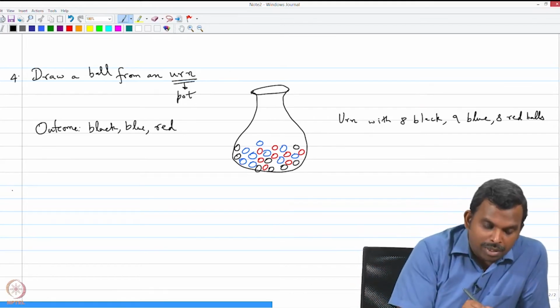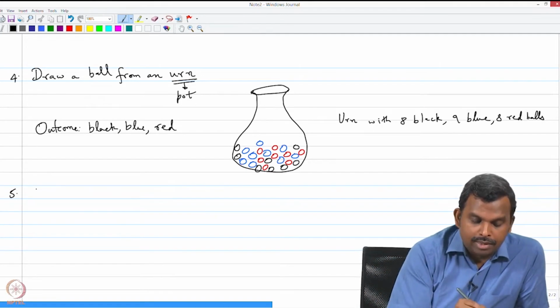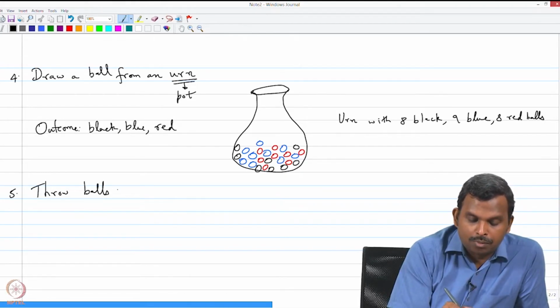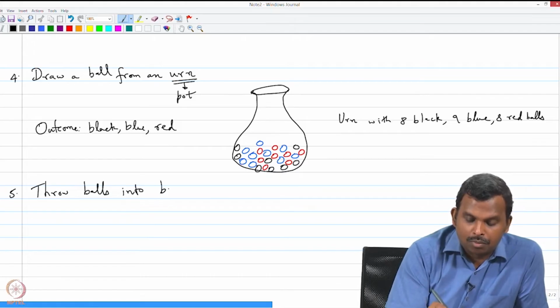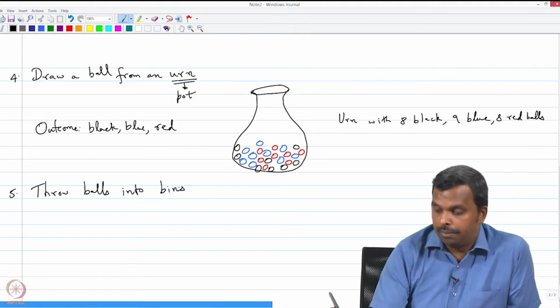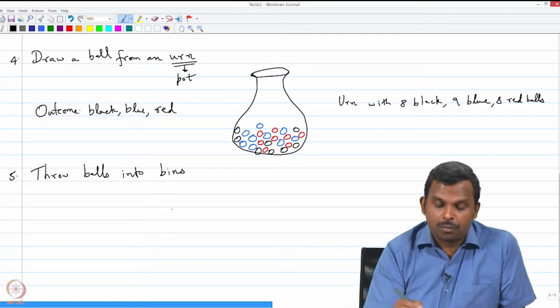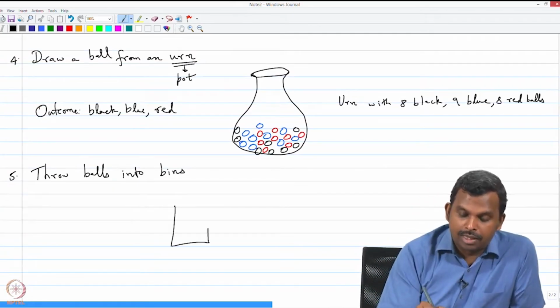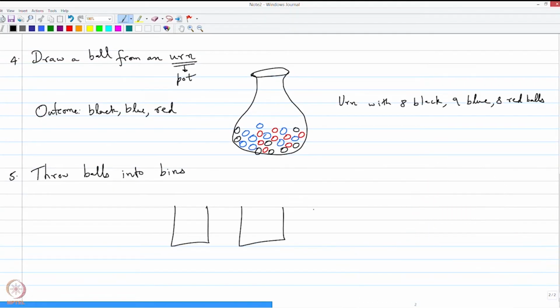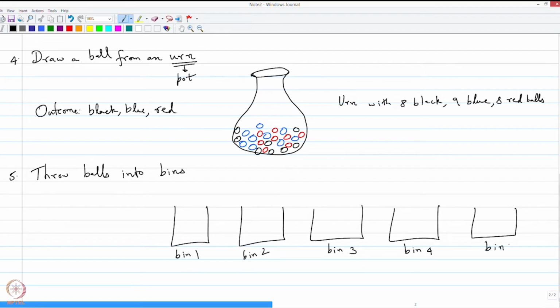Okay. So, the final experiment we will see is throw balls into bins. Okay. So, in this experiment we have a few bins, let us say we have 5 bins. Okay, so, this is bin 1, bin 2, bin 3, bin 4, bin 5.